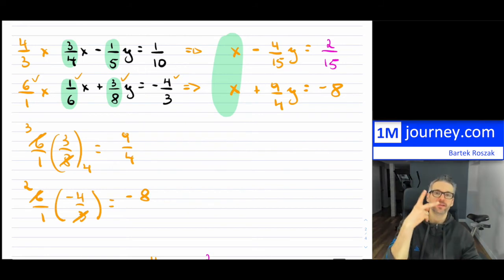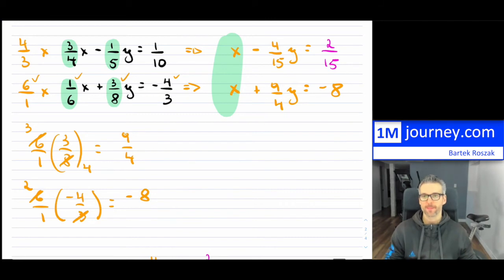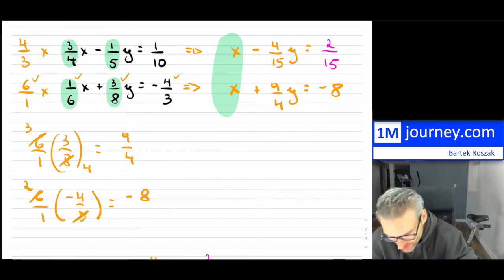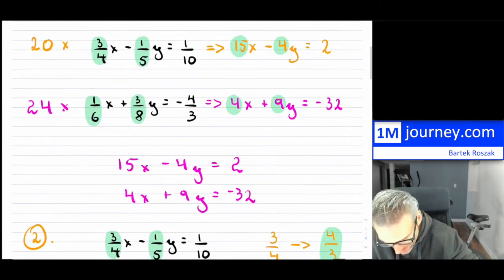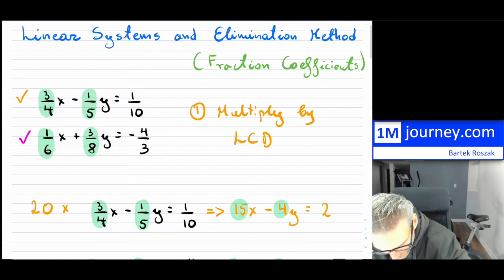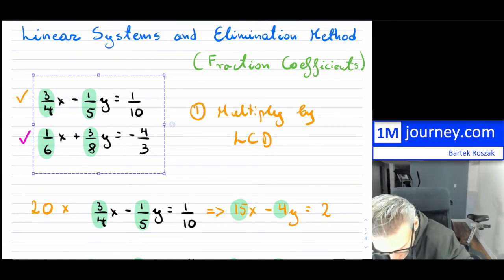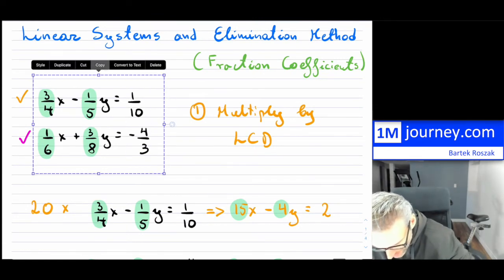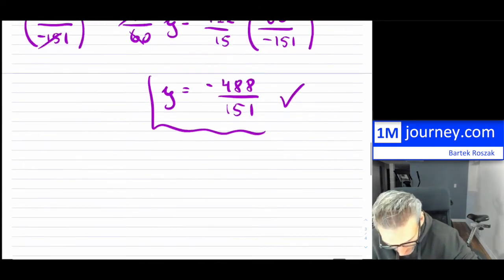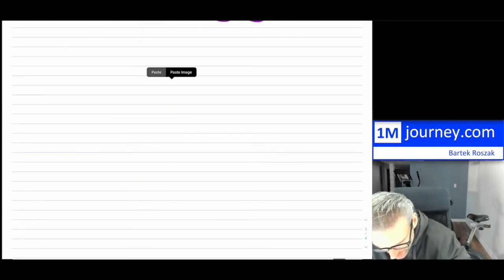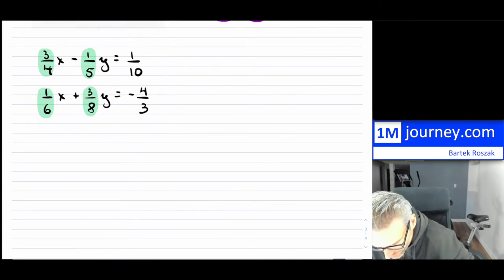So that's method number 2 for working with fractions. All right? Now, here is the last method that I want to show you. So I'm going to copy this. And you can choose whichever one you want to use for the questions you run into.